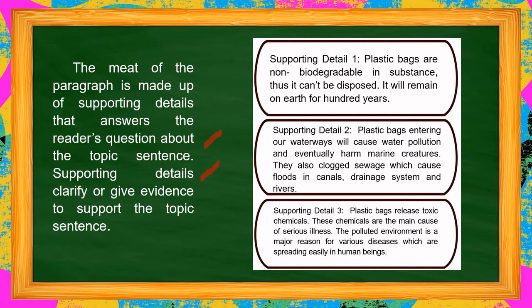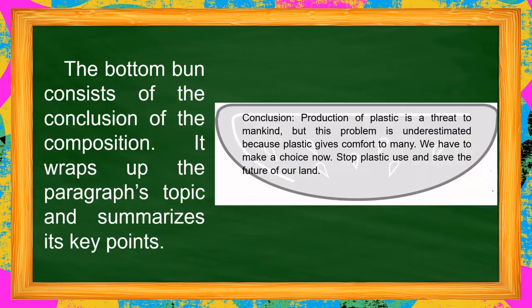Supporting details clarify or give evidence to support the topic sentence. The bottom bun consists of the conclusion of the composition. It wraps up the paragraph's topic and summarizes its key points.